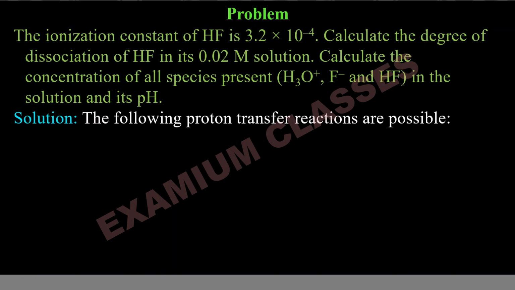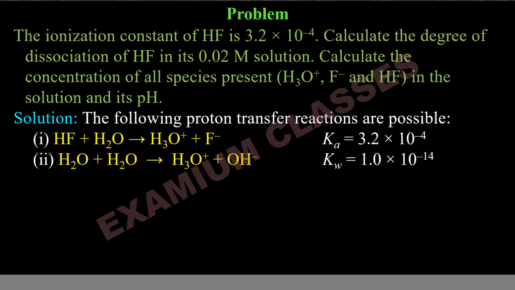There are two possibilities: HF will get dissociated in water, giving hydronium ion and fluoride ion, and water will get dissociated, giving hydronium ion and hydroxyl ion. Ka is given for HF, so the Ka expression has only hydronium ion, fluoride ion and HF. Pure water will not be considered, and you will not consider the concentration of OH minus for Ka, because Ka is related to only HF and this reaction does not have OH minus.